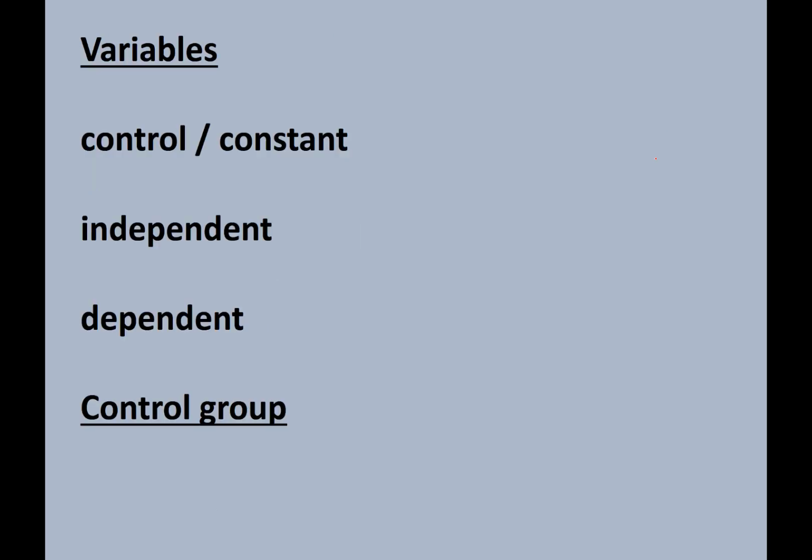What I want you to also know is when we talk about these different variables. We talk about control or constant variables, independent and dependent variables. The control or the constant is what you keep the same.